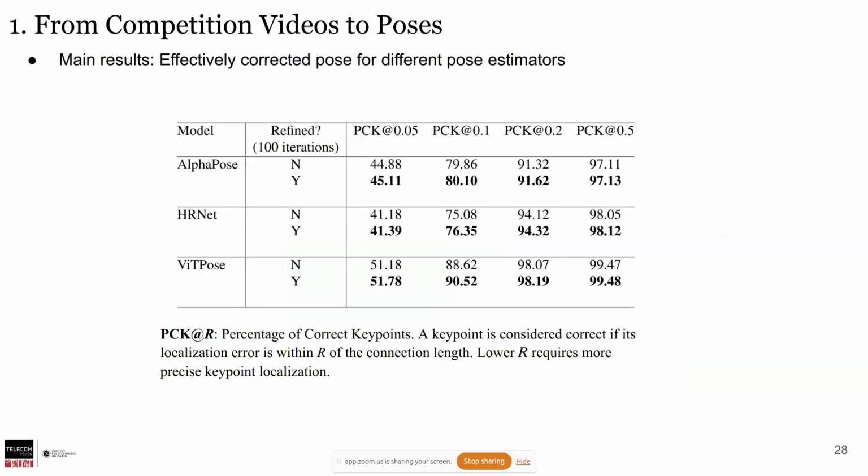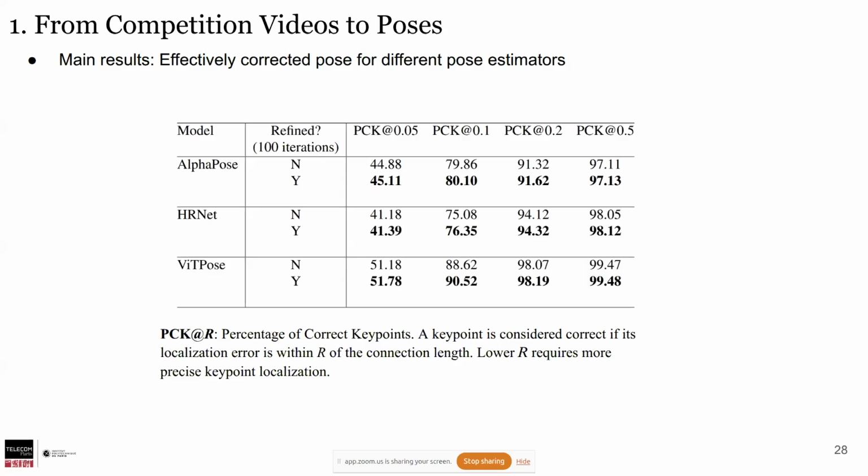Then this table shows the main results. We tried 3 different human pose estimators: AlphaPose, HRNet, and ViTPose. The first row for each estimator, we didn't use any refinement, so they are the raw outputs of these models.